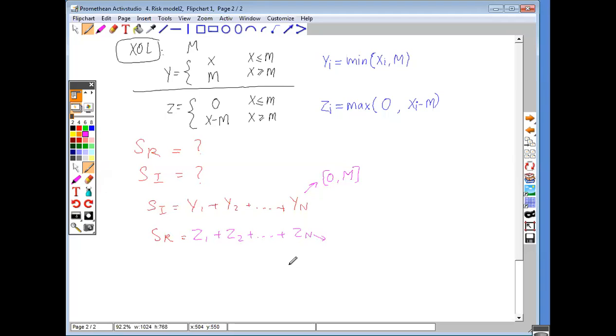Let's start with what is the minimum value that a reinsurance company might have to pay. X minus M, if X is greater than M. Yes, but I want it in terms of numbers. So here, it can take 0 value. And what will be the maximum value that this Z variable can take?